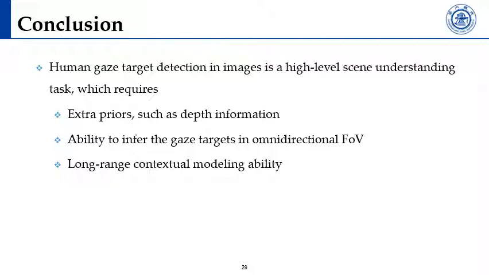And we think the model for this task should have the ability to infer the gaze targets in an omnidirectional field of view. This can alleviate the out-of-frame issue. The model should also have long-range contextual modeling ability, because sometimes the distance between the human and the gaze target is very long.